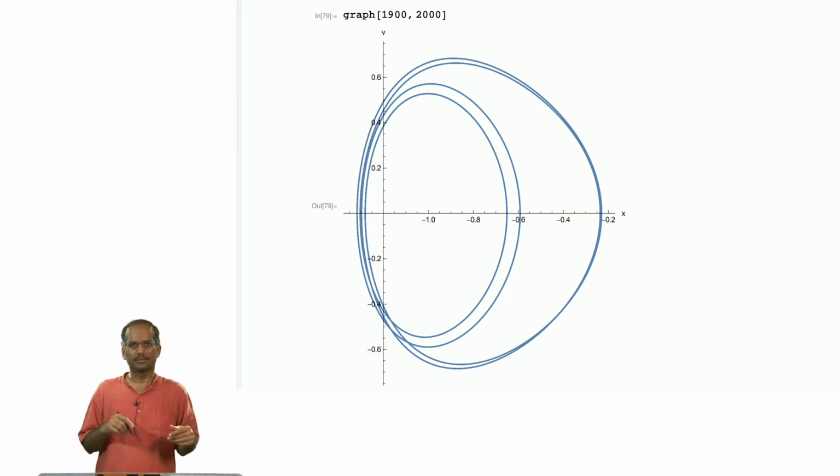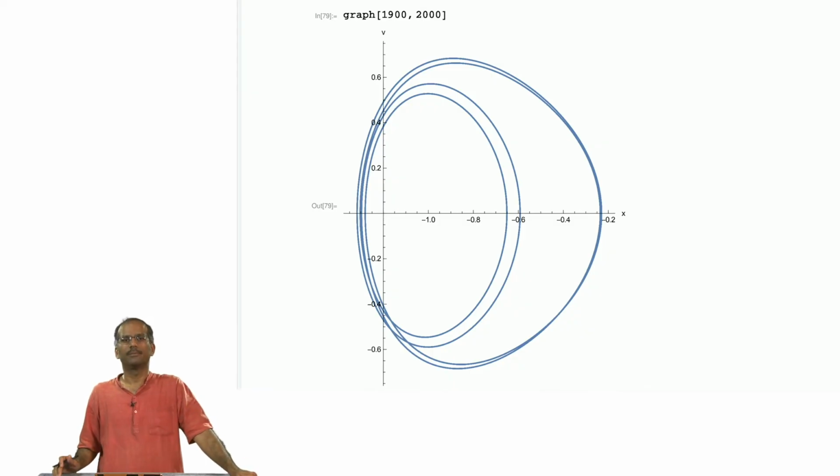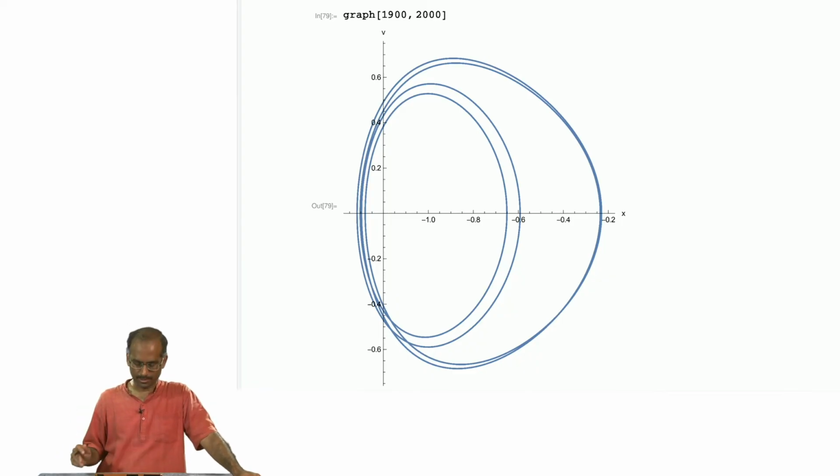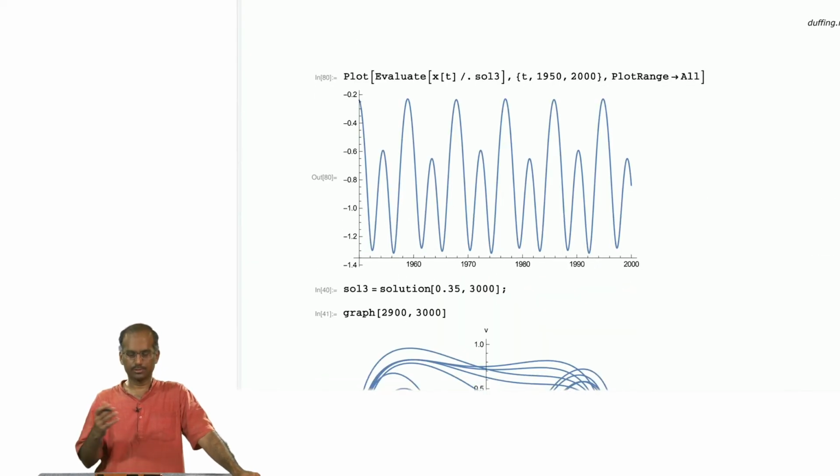In this case, what used to be a period 2 solution has become a period 4 solution, because if I put a screen on top there, it will leave 4 points, and this happens at the parameter value of about 0.337 or 0.338. And you can also cross check this by plotting position as a function of time.